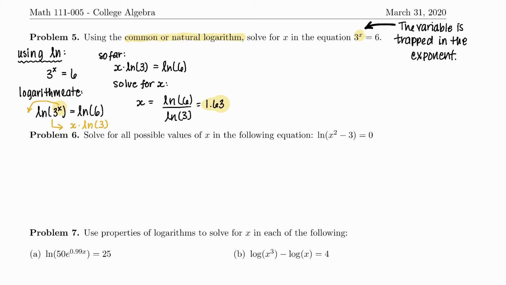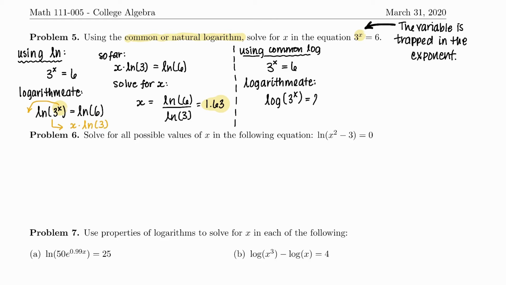I do want to show you how to use the common logarithm as well. So we're going to do the same thing. We're going to take 3 to the x is equal to 6. We're going to logarithmiate. So we get log of 3 to the x is equal to log of 6.